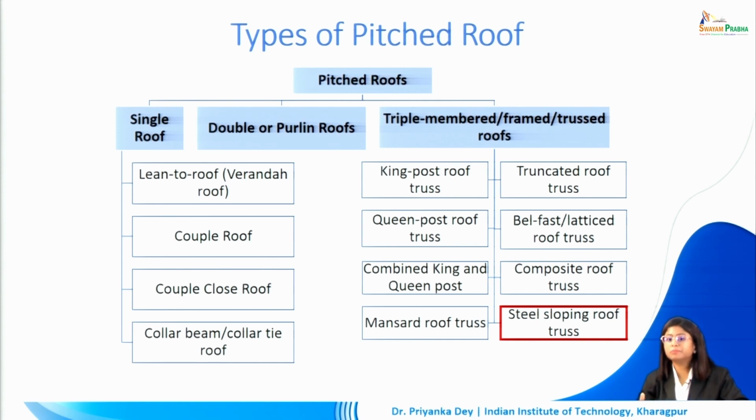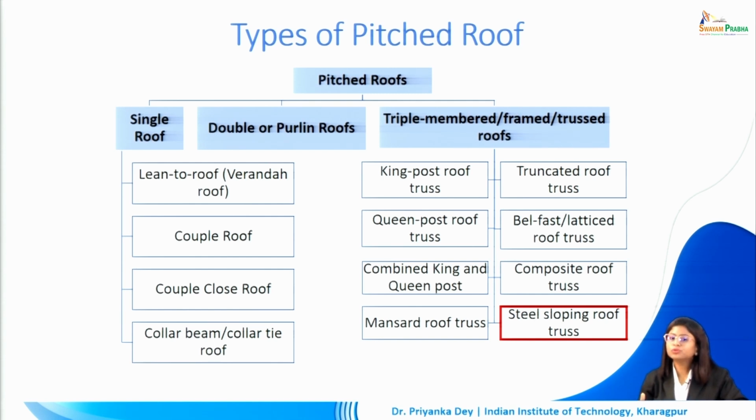Here we have three members. We have the common rafters, the purlins for intermediate support and the truss. So this allows us to deal with spans without any internal wall for the supporting of the purlin. The purlin comes and rests on the truss itself. Now within the trussed type of roof, we had studied king post, queen post and a combination of that.